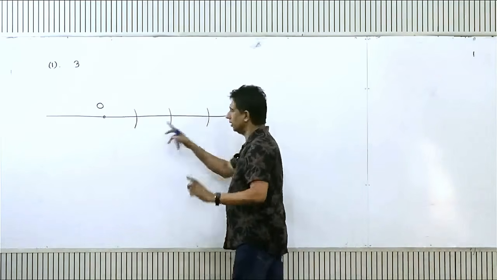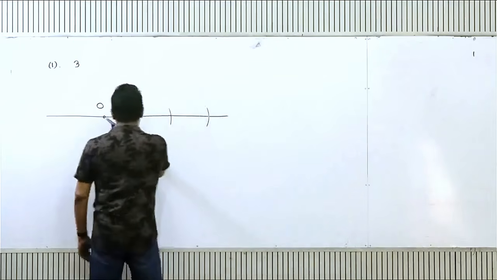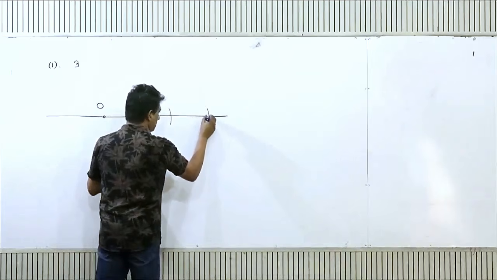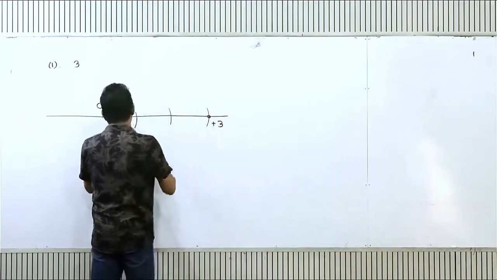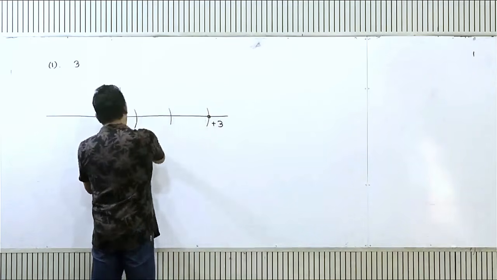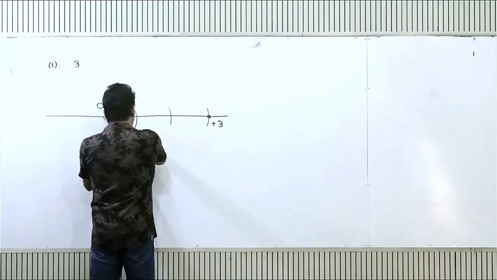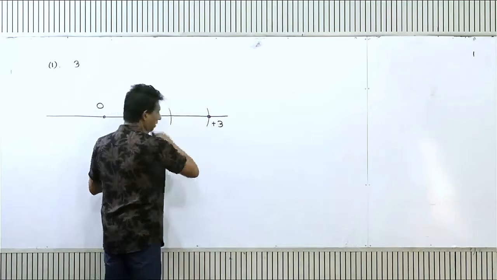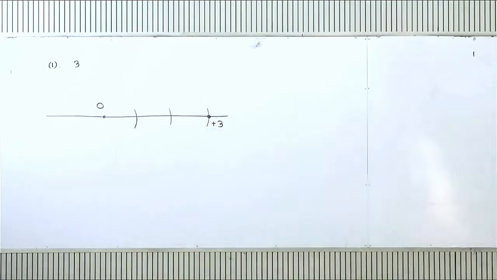From here to here the distance is unit 3. Then what is the number this point represents? Positive 3, because it is on the right hand side of this point, so it is a positive number. When the distance from this point to this point is 3, then the magnitude of this number is 3. This is the way we have to mark it.